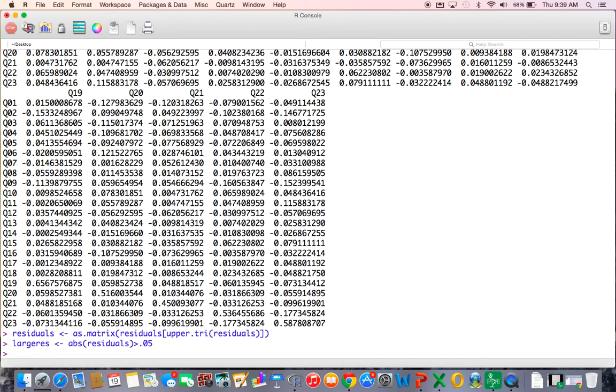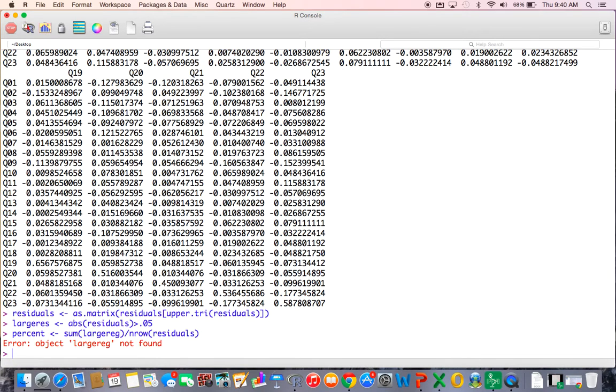Now, the next thing I'd like to do is find the percentage of our total residuals that are large residuals. So I might just call this percent, because again, I'm creative that way. What I'd like to do is get the sum of my large residuals, so how many are there, divided by the total residuals. And I can do that this way.